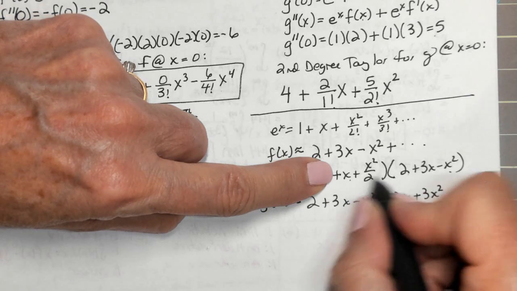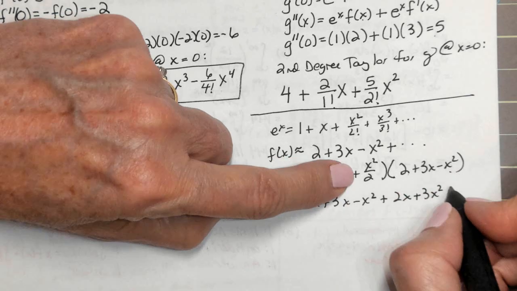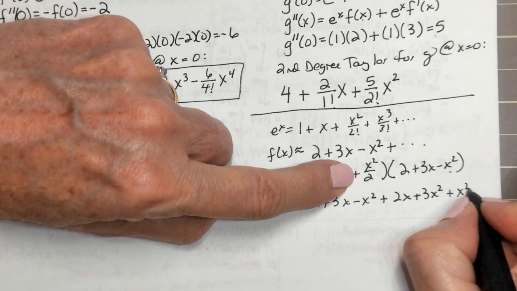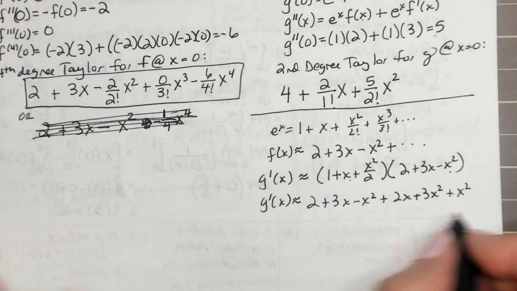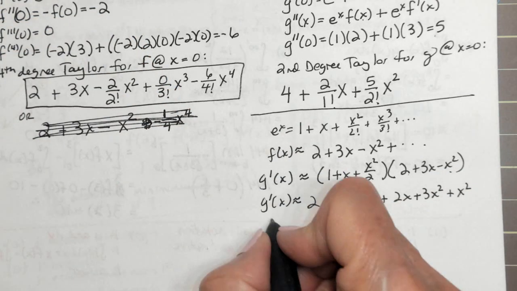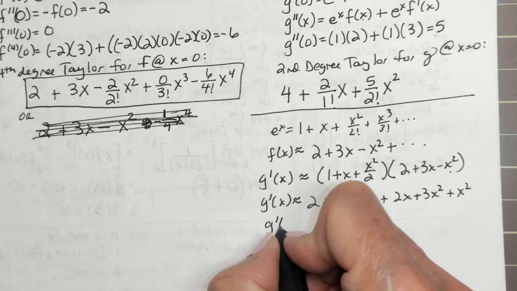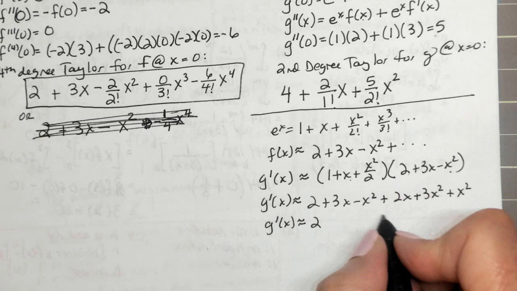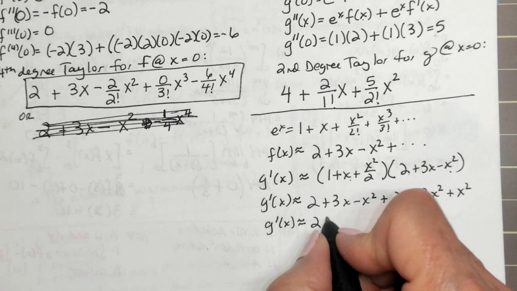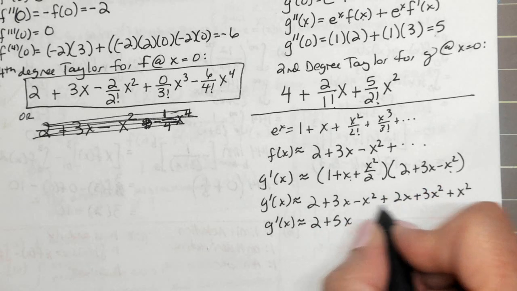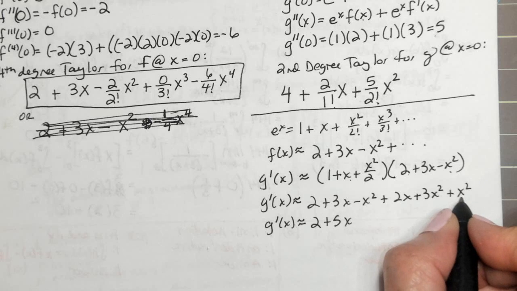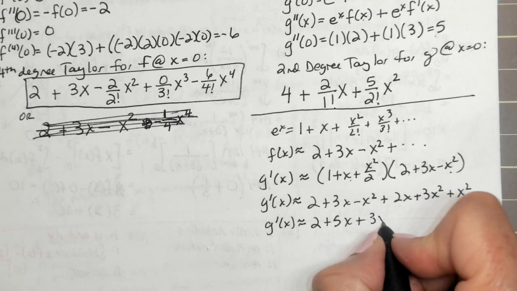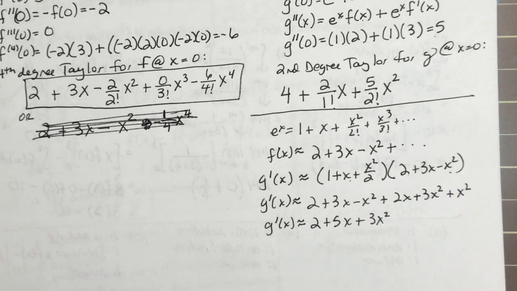I'm not going to get an x cubed, plus x squared, and anything else would be higher. So, all right, this is 2 plus 5x plus 3x squared. Is that right? Yeah. Okay. And that's g prime.